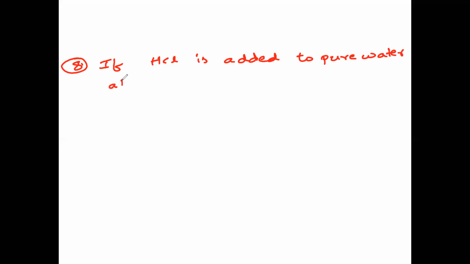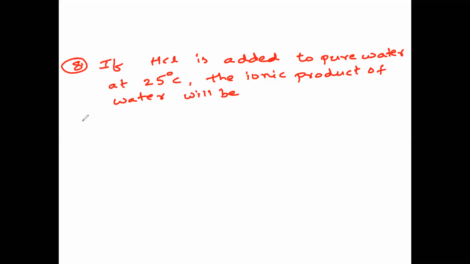Question number 8. If HCl is added to pure water at 25 degrees C, the ionic product of water will be: option A, greater than 10 to the power of minus 14.